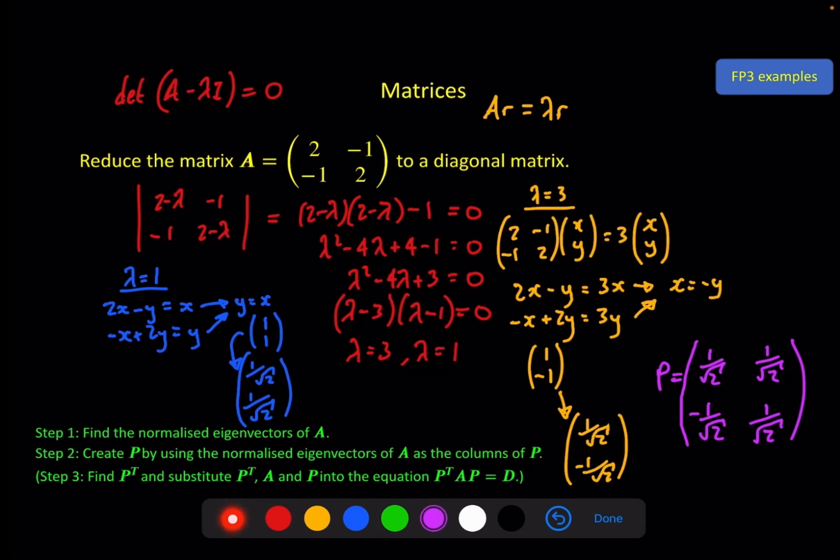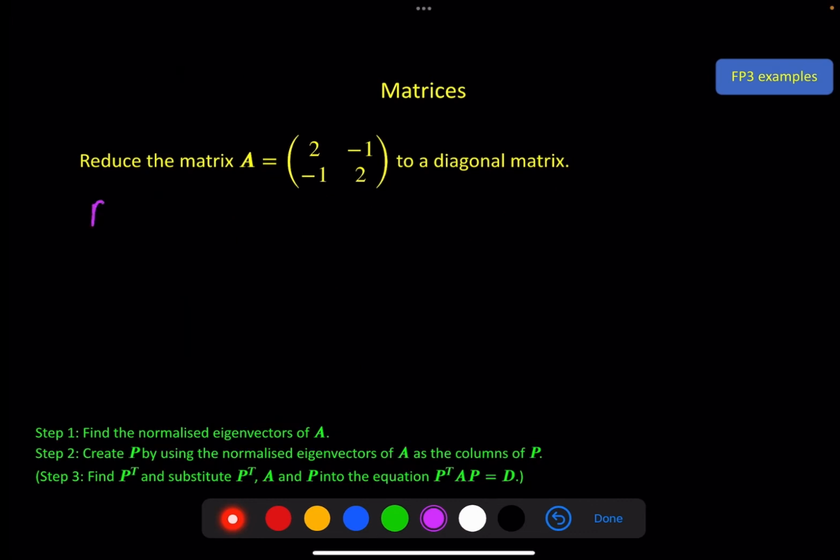So I've got P is equal to 1 over root 2, minus 1 over root 2, 1 over root 2, 1 over root 2.